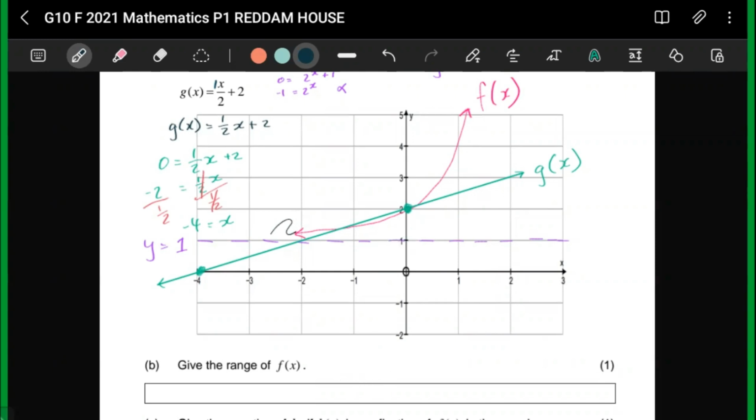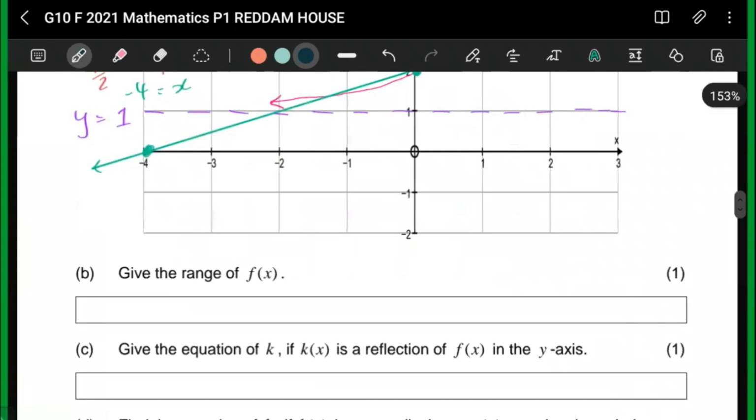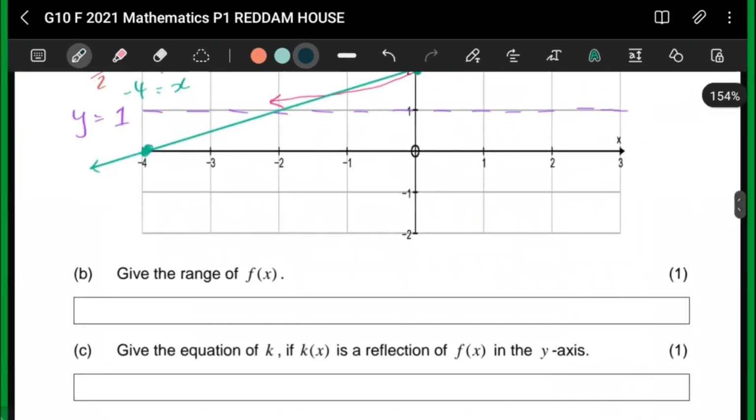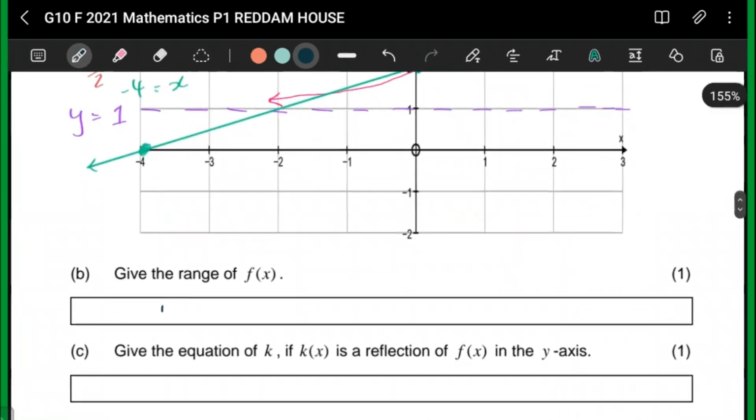The only y values that this graph has is everything above +1. So when they ask for the range of f, you're going to have to say your y values are bigger than +1. So that's that for that range question.